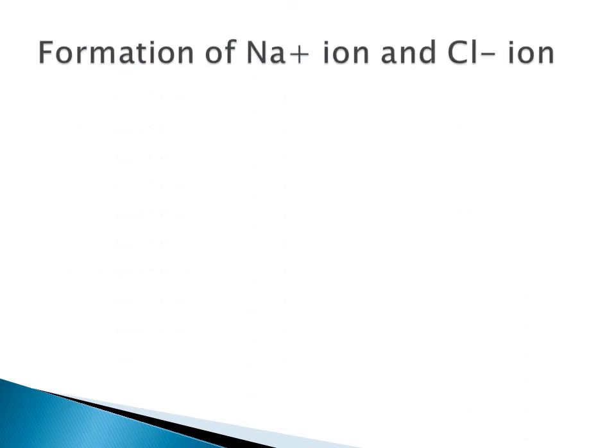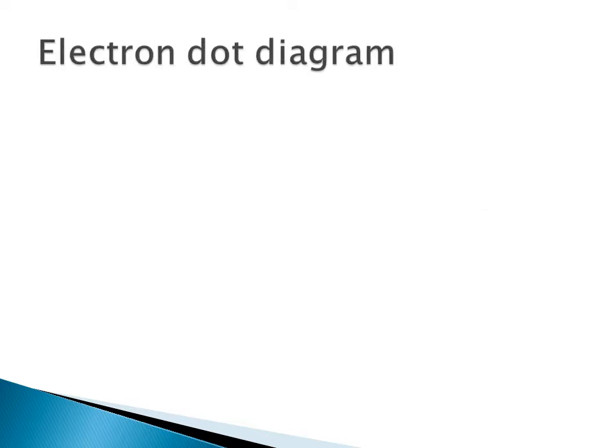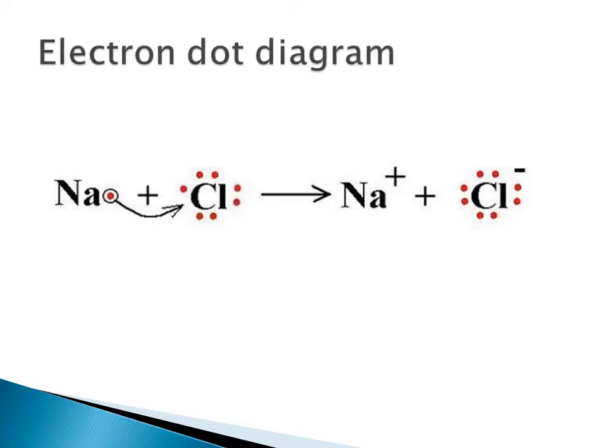Schematic representation of Na+ ion and Cl minus ion is shown here. Dot diagram for the formation of sodium ion and chloride ion. In this diagram, we represent only the valence electrons. Sodium has one valence electron that is represented there, and chlorine has 7 valence electrons.